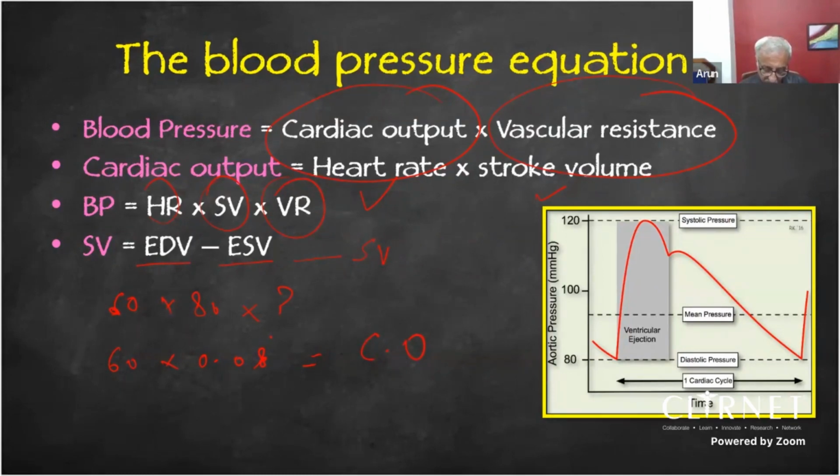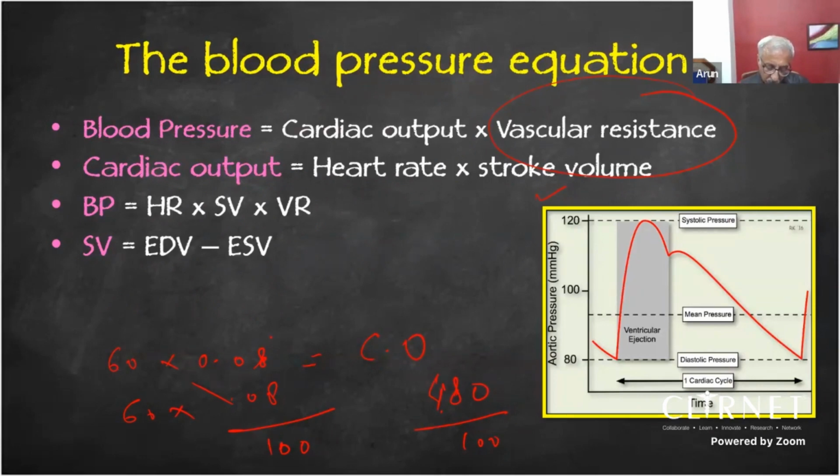So we take 60 and multiply by 0.8. So 60 into 8 is 480, divided by 100. It comes to approximately 4.80. So your cardiac output here is 4.8 liters. Now we have to multiply this with the vascular resistance.